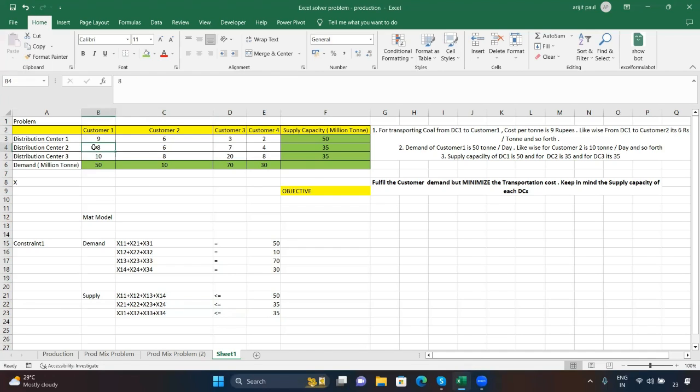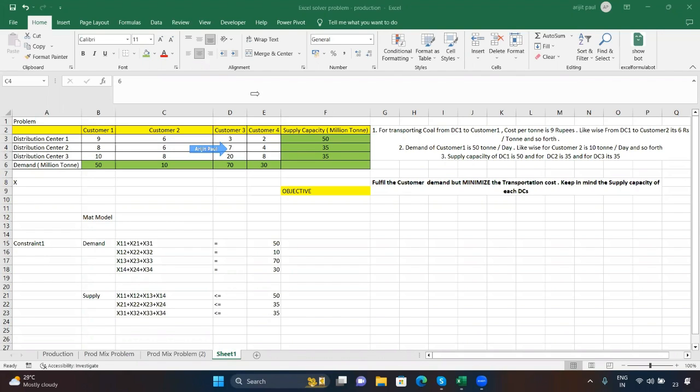This is x21, distribution center 2, customer 1. This is x22, distribution center 2, customer 2. This is x23. This is the distribution center and this is customer 3. That is why we have referred to this cell as x23 and this is x24, right?